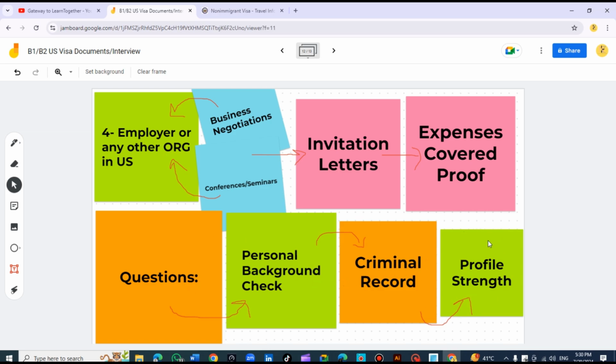And again, you can explain why you were chosen to be invited to the US, because you have an extraordinary profile, you are a good employer, you are a good businessman, or maybe you have good ideas, or you are about to make a final decision on any XYZ product with the employer in the US, and that is why you are going to the US for a short stay.